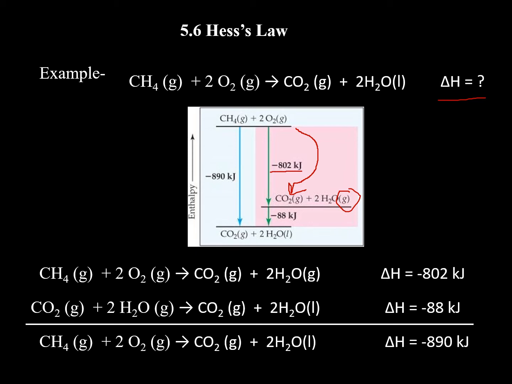And then we were able to measure the final step going from CO2 gas and H2O gas to CO2 gas and H2O liquid, which is negative 88. If we add the two up, we get negative 890 kilojoules. So for this reaction, which is an exothermic reaction because of the negative value, we get negative 890 kilojoules.